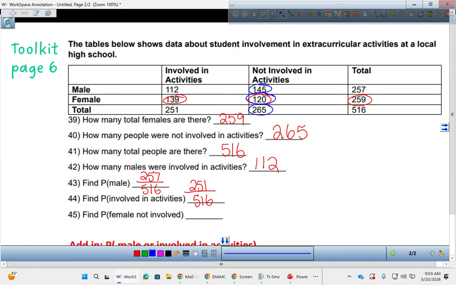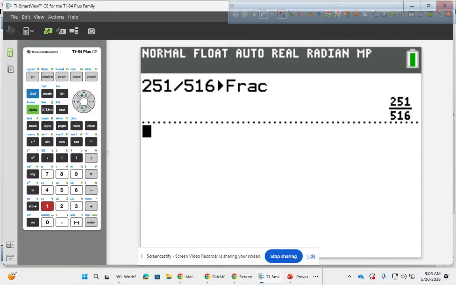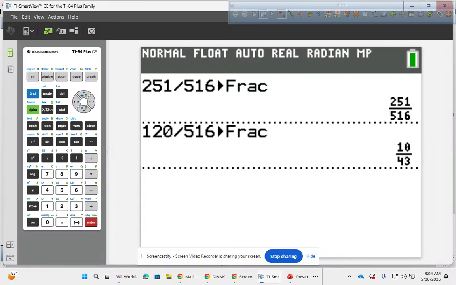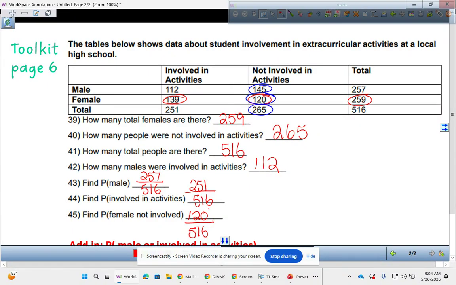So the number I'm looking for here is there are 120 females that are not involved in activities. But because this is a probability, I need the denominator to be out of the total number of people, which is 516. So I'm going to do 120 divided by 516, math, enter, enter. So 10 out of 43.